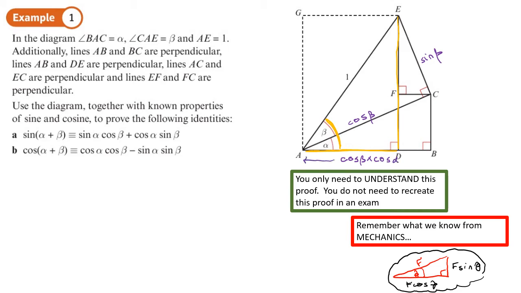So this is the length of all of that. And this side here, I may or may not need it, but I'll work it out anyway. This is going to be the sine, actually let's write it the other way around, it's going to be the hypotenuse cos beta times the sine of that angle alpha. So that's going to be this bit here. Okay, so I've actually found the length from E to D. So I've got that bit.